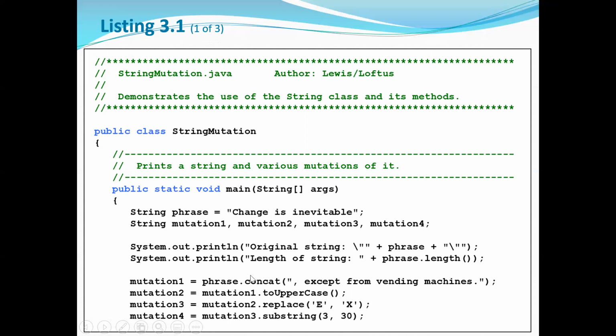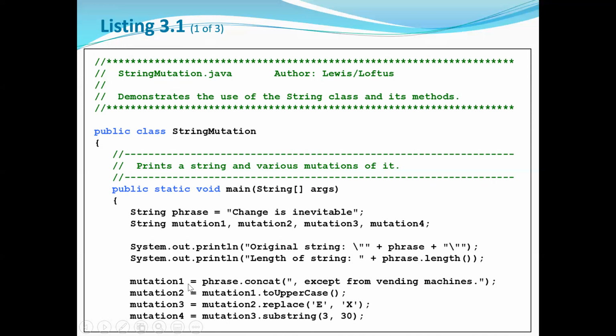Next, we are going to use concat. The concat method of the string class joins two strings together. So here we have phrase.concat, and we are going to join phrase, which is "Change is inevitable," with a new string, ", except from vending machines."